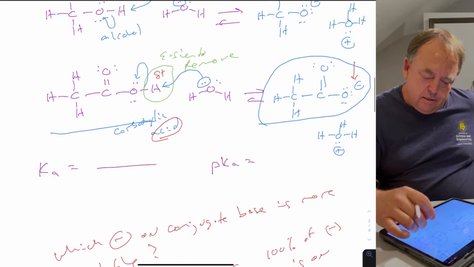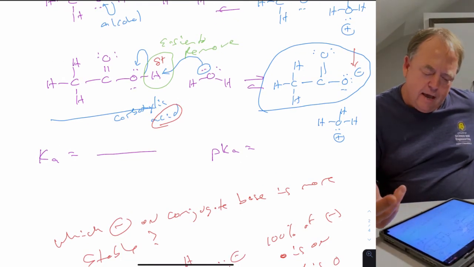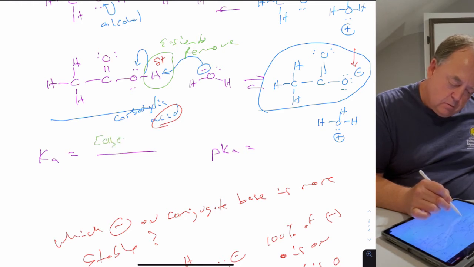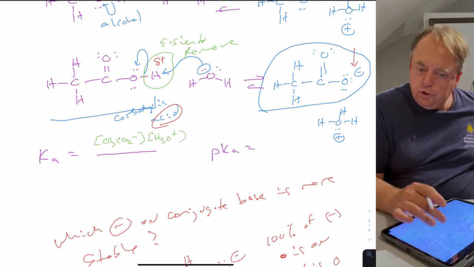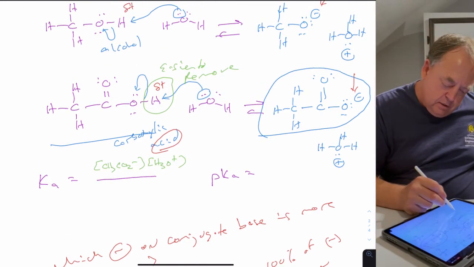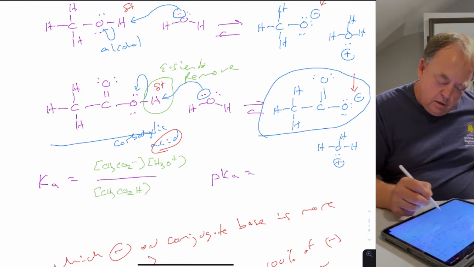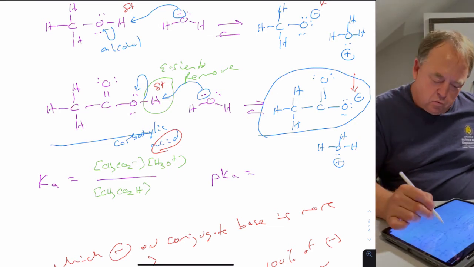Okay, so lastly for this lecture, if you remember from Gen Chem 2, how do you write the equilibrium constant expression? It would be the concentrations of products, so the concentration of acetate times the concentration of H3O plus, divided by the concentration of reactants. And we leave water out of the expression, right, because water is a pure liquid.